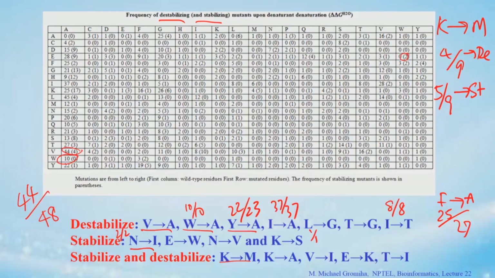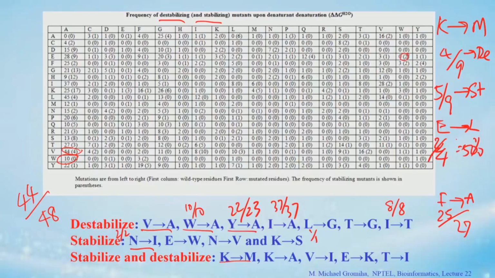In this case, we do not know if you change lysine to methionine, it may stabilize or it may destabilize. Can you tell some other example which can act as both stabilizing and destabilizing? E to L. What is E to L? 2 comma 2, out of 4, 2 are 50%. We just do not know.